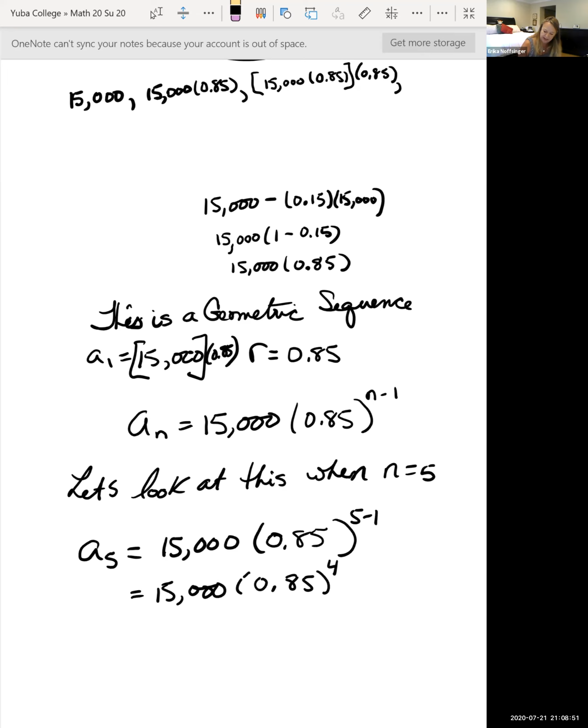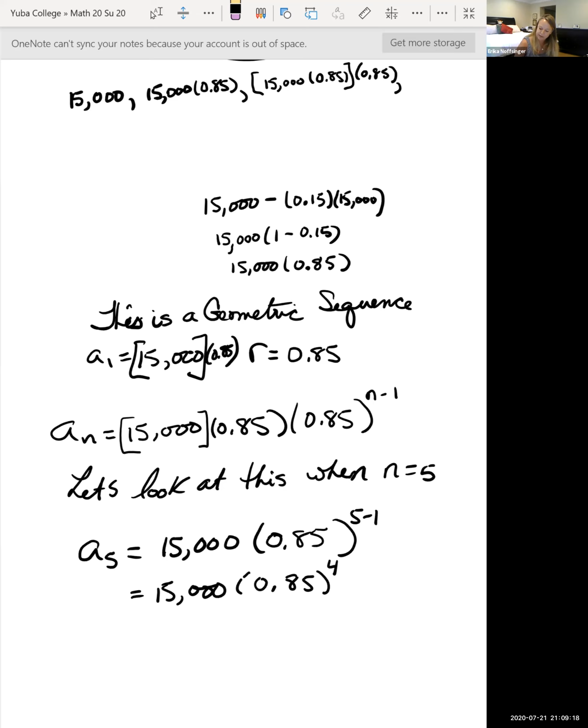So if you think of it that way, let me go back here and write this. That first term times that 0.85 to the n minus 1 power.